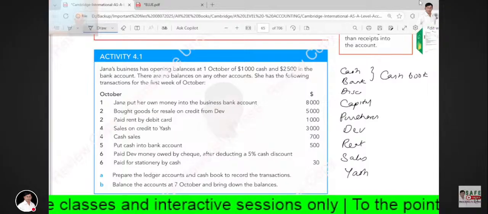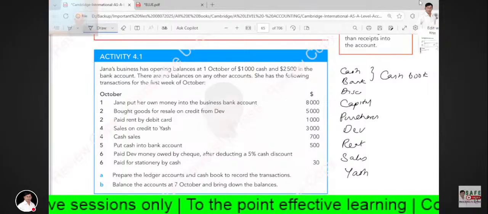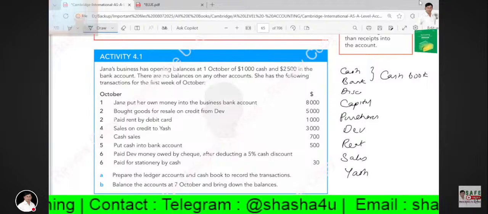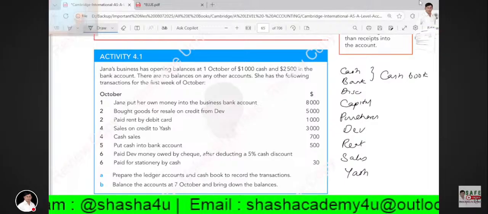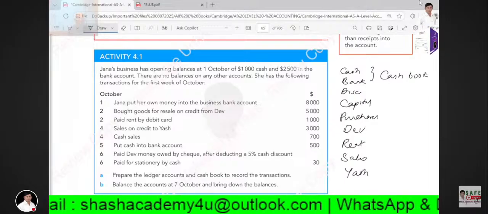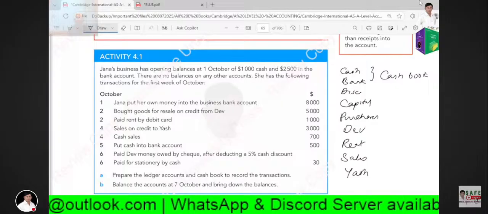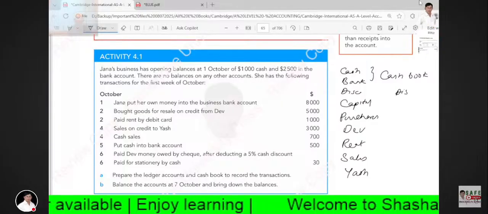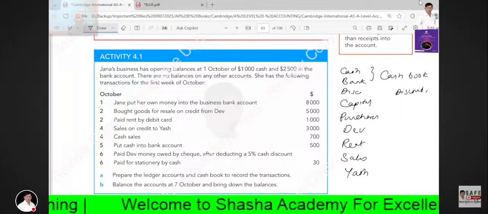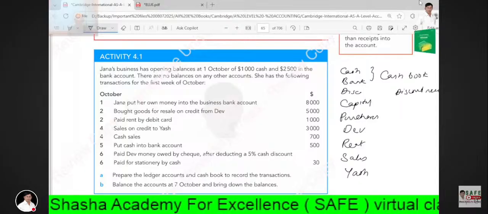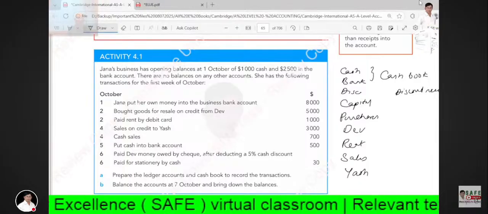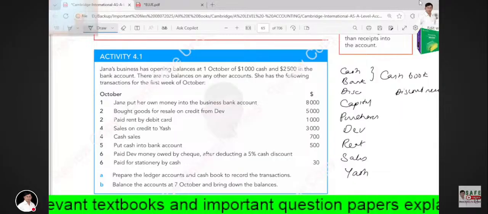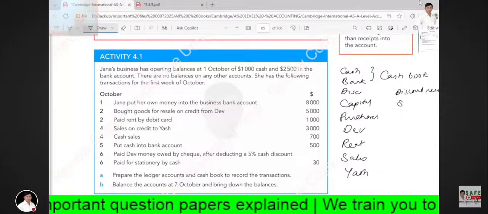Paid cash into bank account is a contra, so that will go to the cash book itself. Paid Dev money owed by check after deducting 5% cash discount. So you have paid, so you have received discount: discount received account. Paid for stationery by cash: stationery.